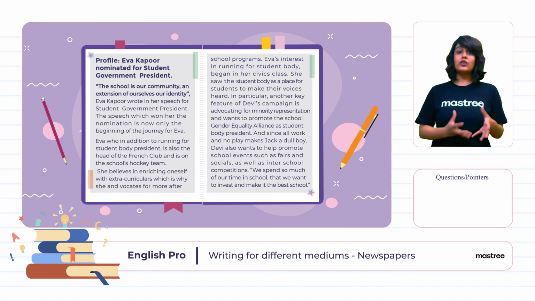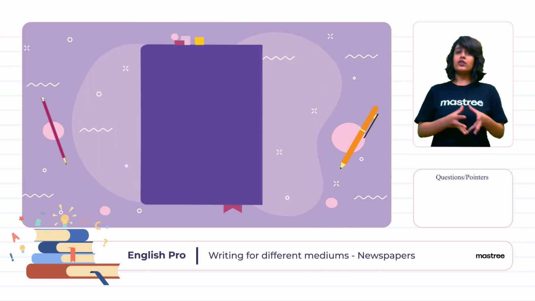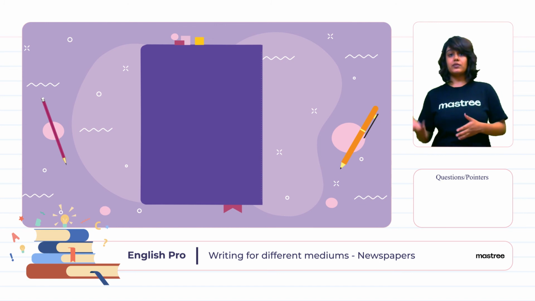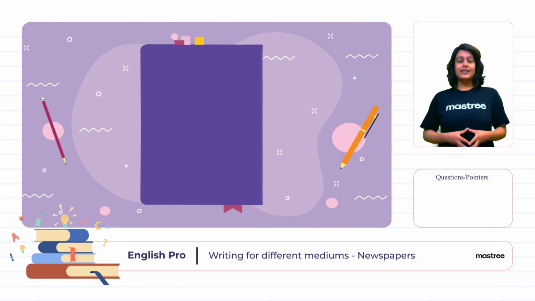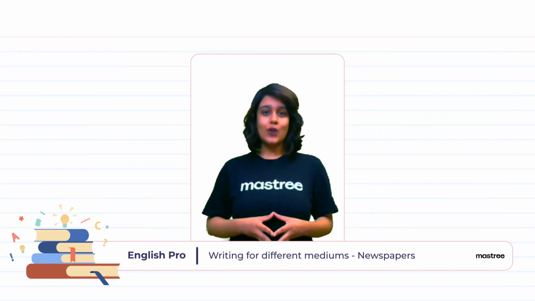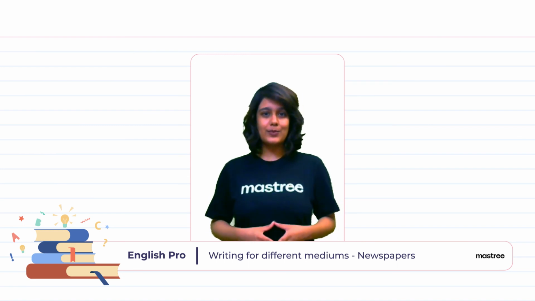So features can be used to talk about individuals, campaigns, platforms, interesting trends, or even in-depth reporting of news pieces. As you can see, the rules of news reporting, such as the inverted pyramid and a strong lead, influence how an article is written and make a piece look like a news article. Now that you are armed with this knowledge, you can begin your adventures as your school or your neighborhood reporter.